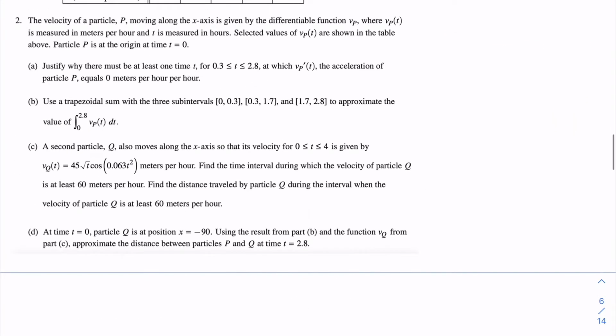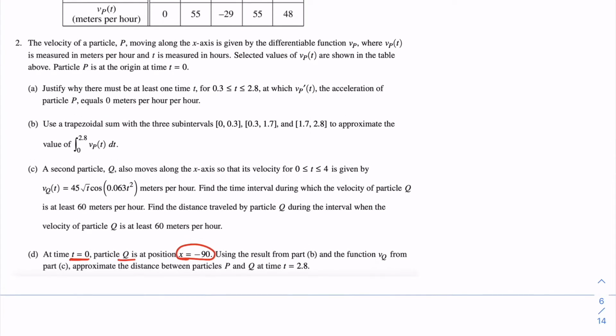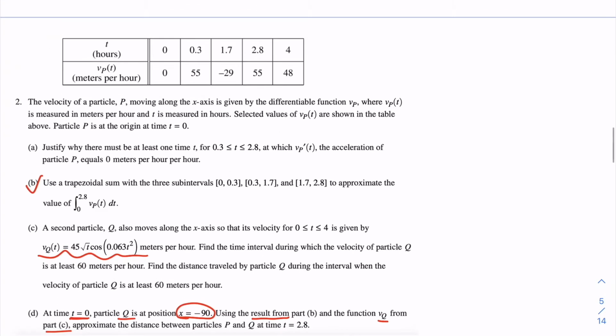Part D. At time t equals 0, particle Q is at position x equals negative 90. Use the results from part B and the function VQ from part C to find the distance between P and Q at t equals 2.8. So let's draw a picture here. At t equals 0, P is at 0.